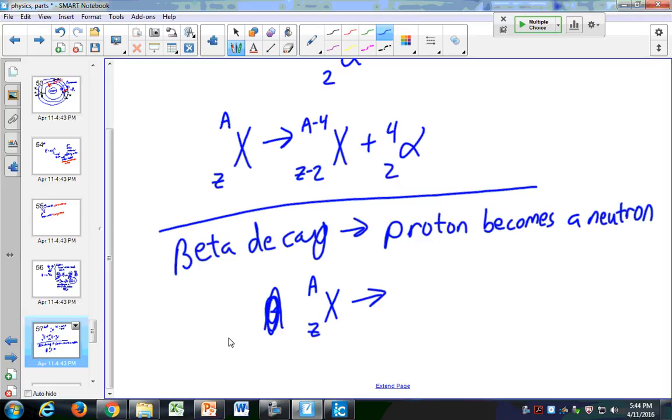So it's still going to have the same mass, and so I'm going to have X, A, but Z, remember, is the number of protons. So I am losing a proton. It's like the proton is switching sides. I'm going to have Z minus 1 over here, and then I have to add in my beta particle.